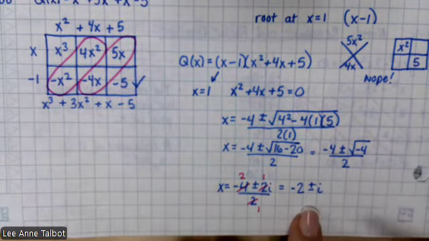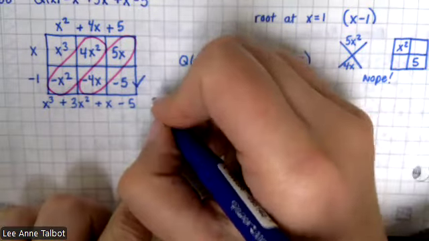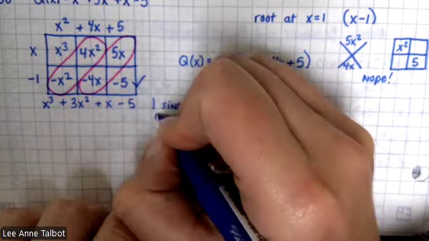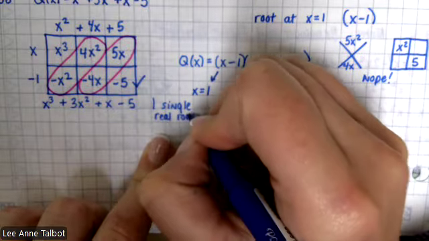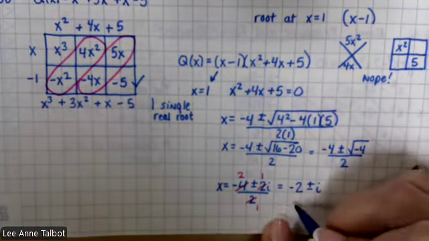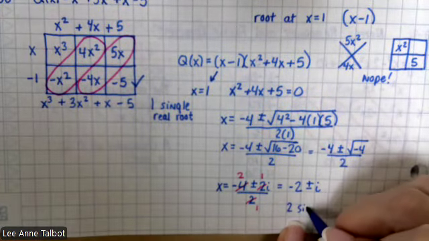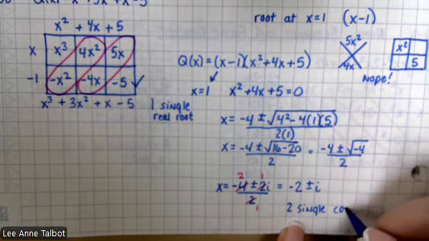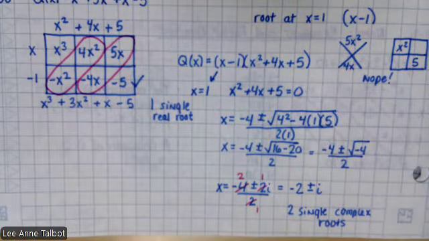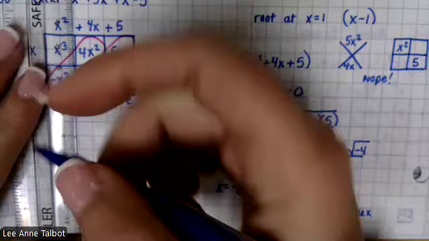Okay, so I have one single real root from that. And I have two complex roots for this. Okay, and I'm going to sketch the graph.